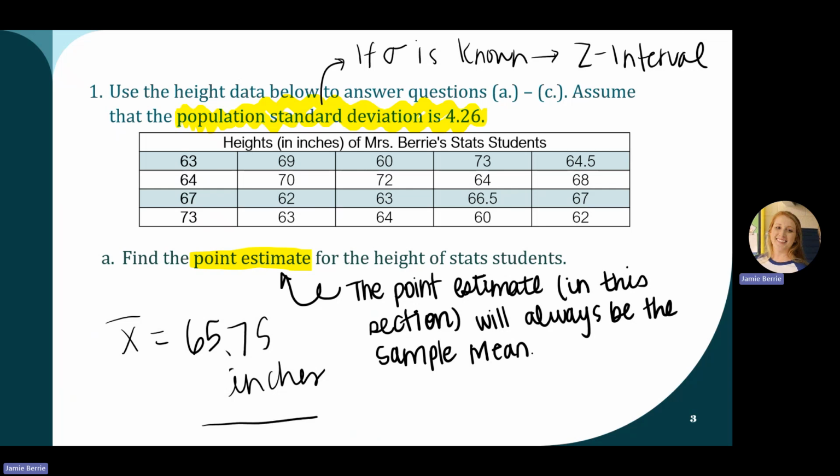So we're saying on average, students were about 65.75 inches tall. That's about 5 3/4. 60 inches is 5 foot, so that would be 5 3/4.